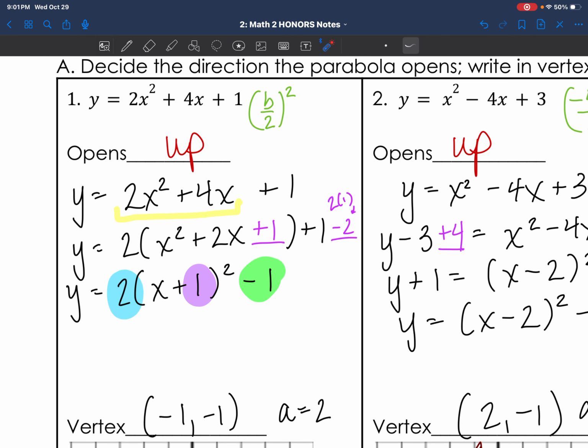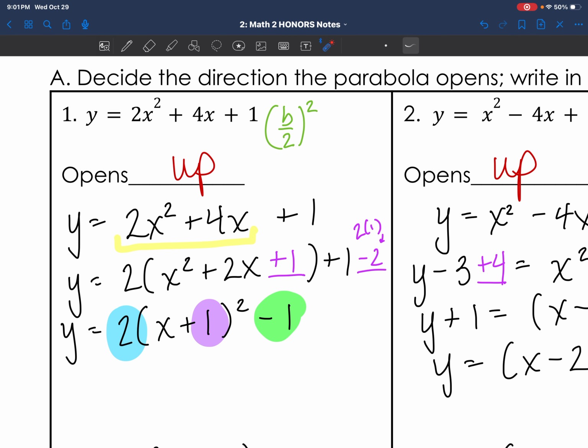So let's try that way first, and then I'll show you how we've learned completing the square before. It's just a couple extra steps, but it's a very similar format. We're going to take our equation and keep this off to the side, and we're only looking at your x's, so your x squared and your x.